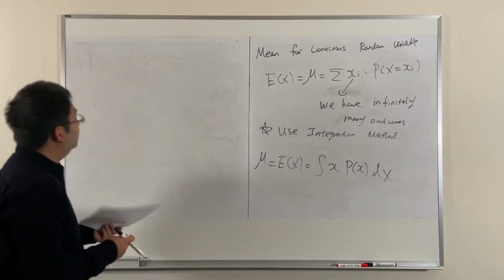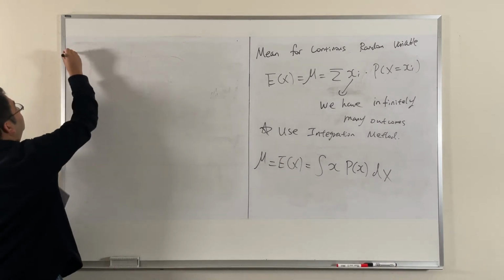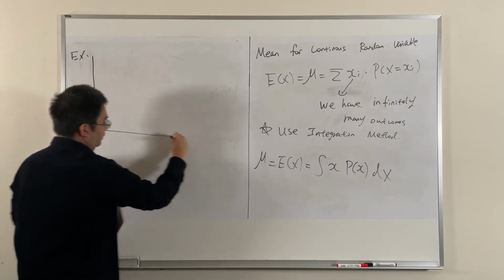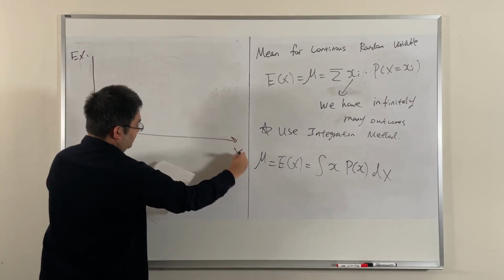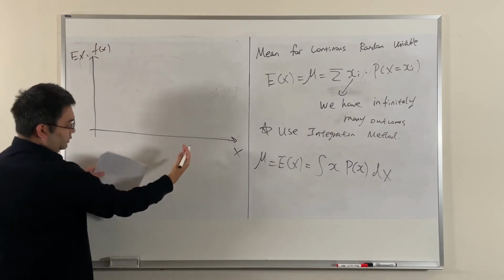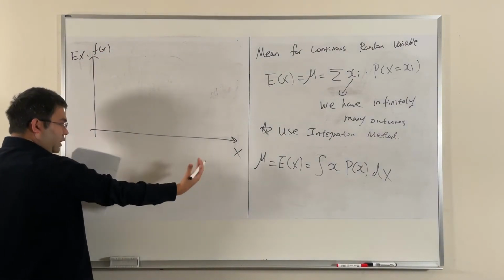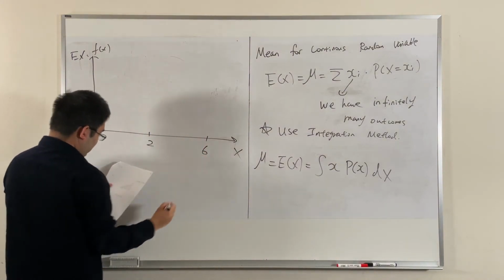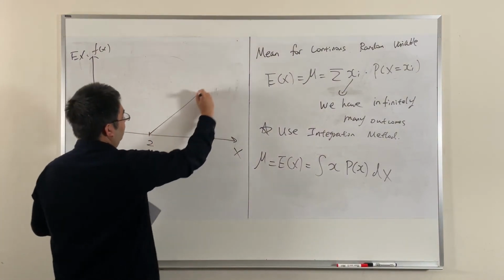Okay, so example. This is our x, and this is our PDF. The possible outcomes in this case range from 2 to 6. Let me do a triangle here.